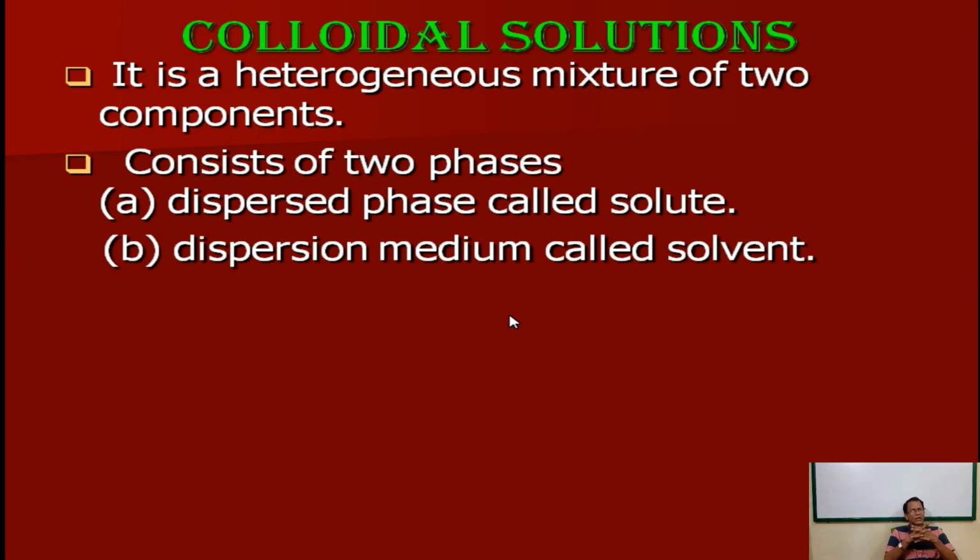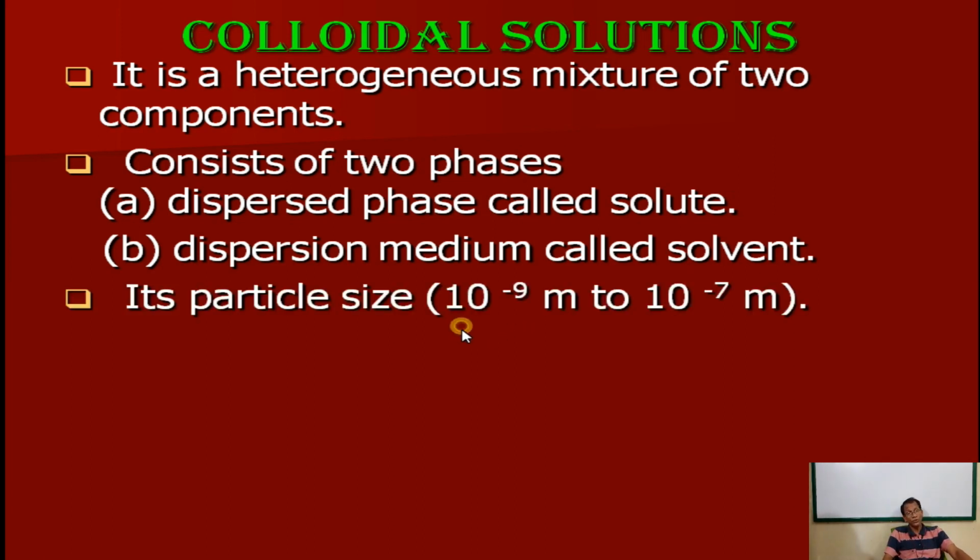That's why it is heterogeneous in nature, and the colloidal particles are not seen by the naked eye, because the particle size is not visible. The particle size is between 10 to the power minus 9 and 10 to the power minus 7.